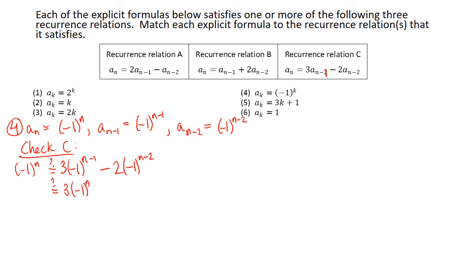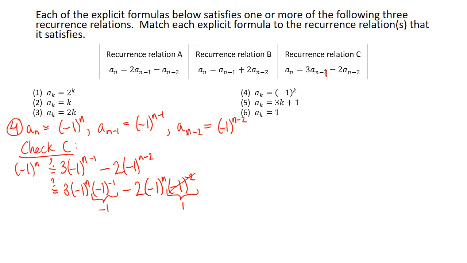So -1 to the n, then -1 to the -1 power, and then -2, -1 to the n, -1 to the -2. We already saw that -1 to the -2 is just going to be 1, so that's going to cancel. And -1 to the -1 is going to be -1.